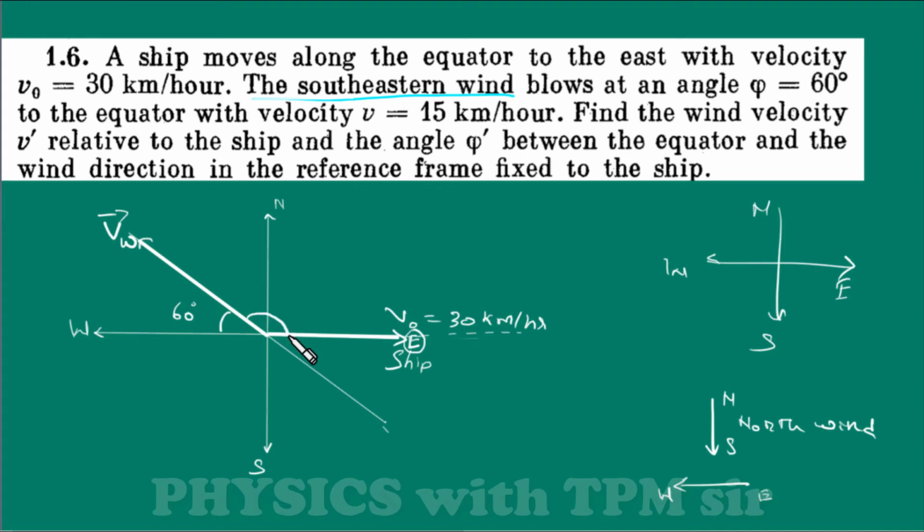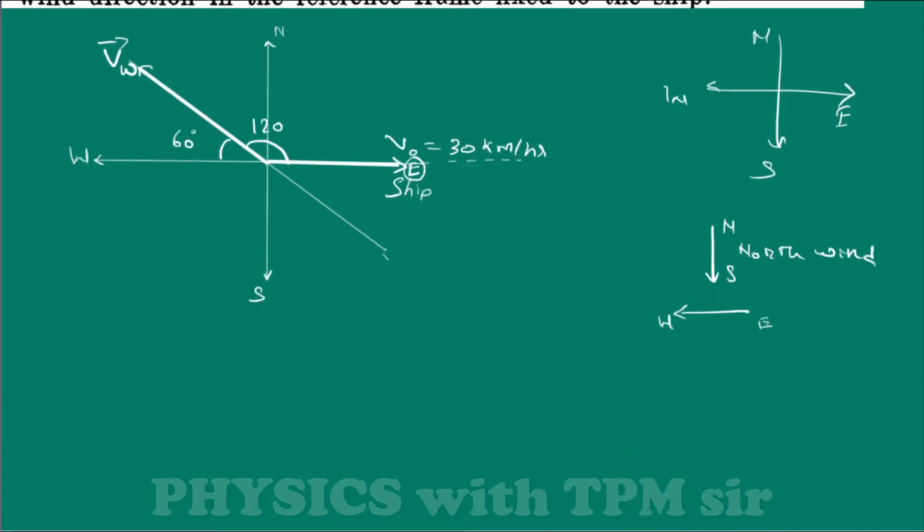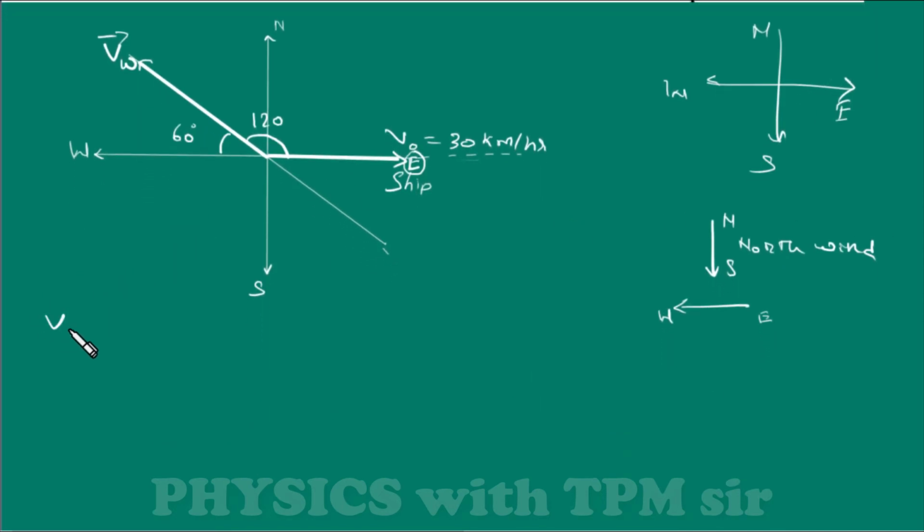Now the angle between the vectors is 120, and we have to find velocity of wind with respect to ship. So velocity of wind with respect to ship is equal to velocity of wind minus velocity of ship. This is the subtraction of vectors, a vector minus b vector.